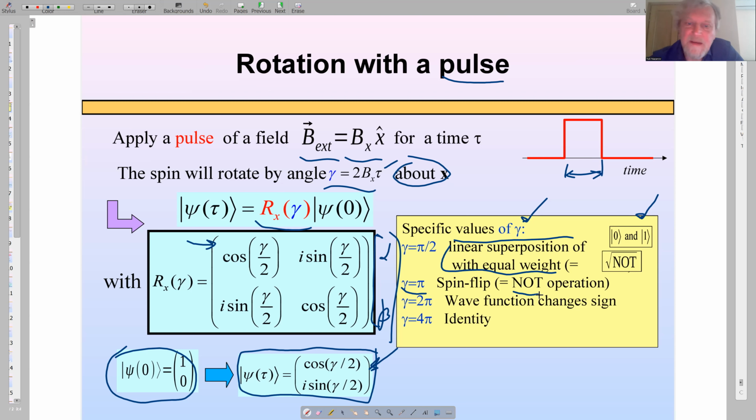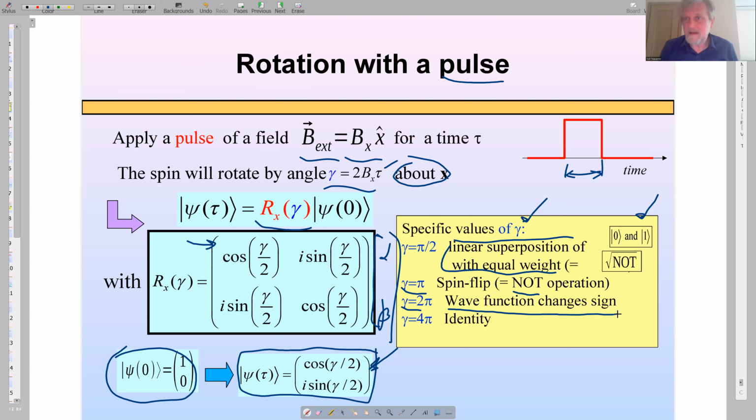Good. What will happen if gamma is 2 pi? In this case, the direction of spin is the same. So the first simple idea is to say that the wave function is the same. However, and it's a fundamental property of spinor wave functions, it is not the same. If we rotate the wave function by the angle of 2 pi, it will change sign.